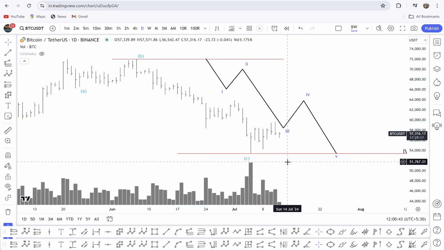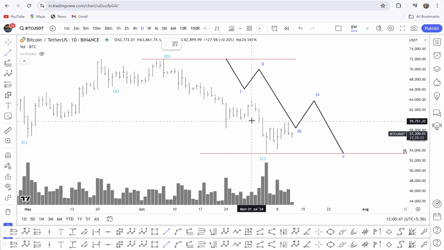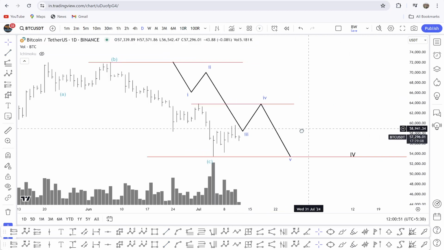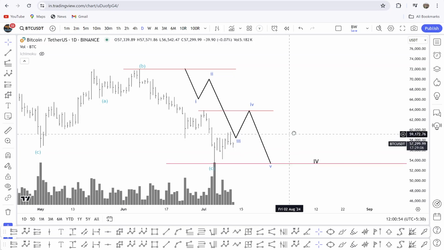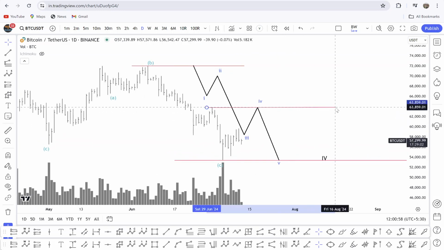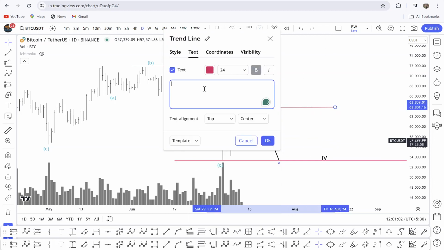Now, this is our reflex point, the fourth wave. So bulls need to cross this level, which is near 63,800.